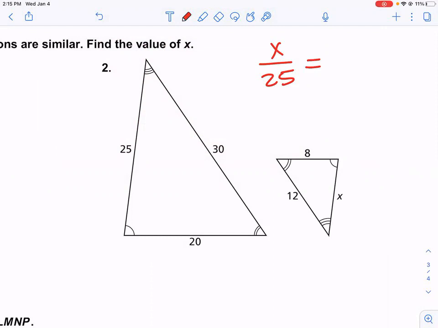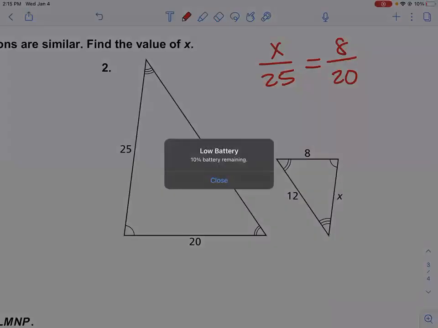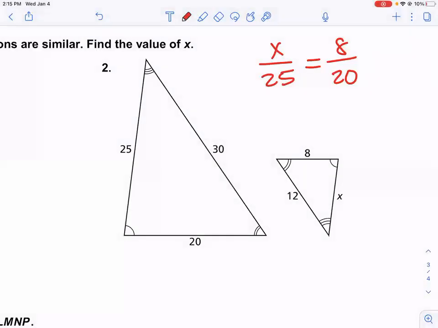So like what corresponds with 8? 8 and 20 correspond? So I can say, well, X over 25 equals 8 over 20. Cross multiply: 20 times X equals 25 times 8.